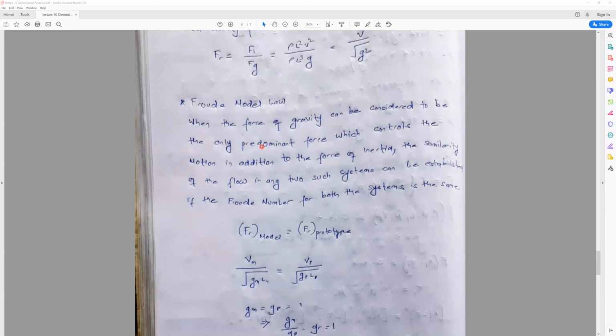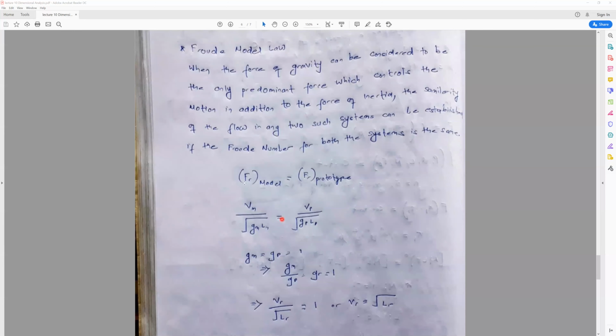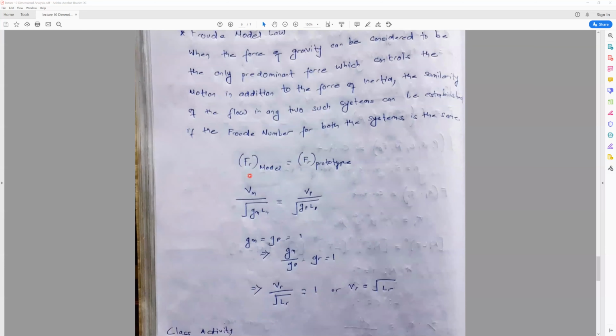Similar to the Reynolds model law, if the inertial force and the gravitational force are predominant in a system, then for the model to be dynamically similar, the Froude model law has to be satisfied. It is very straightforward: the Froude number of the model is equal to the Froude number of the prototype. These conditions must be fulfilled for the model to be dynamically similar with the prototype.